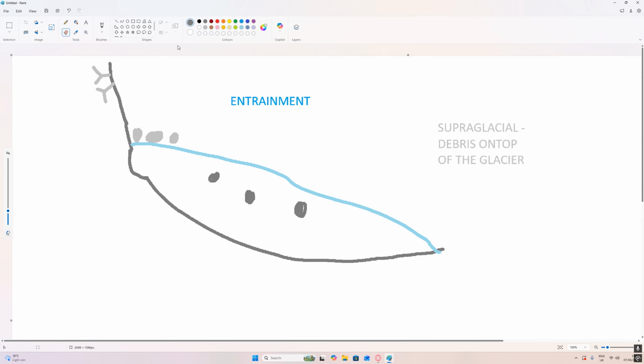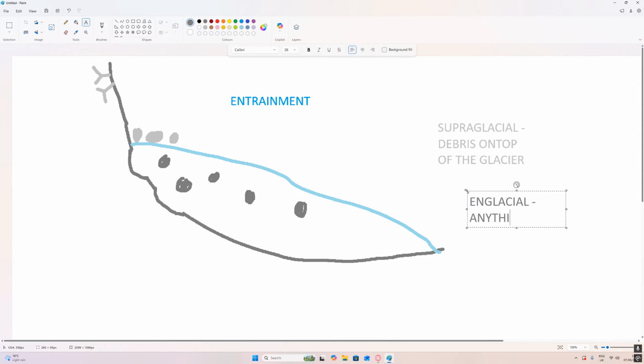Okay, so you might have bits of rock that have been ripped out, and this rock enters the system englacially. So let's type that out. Englacially, or englacial, anything inside the glacier.